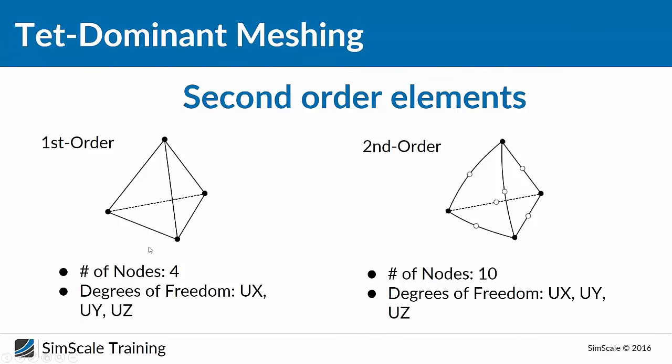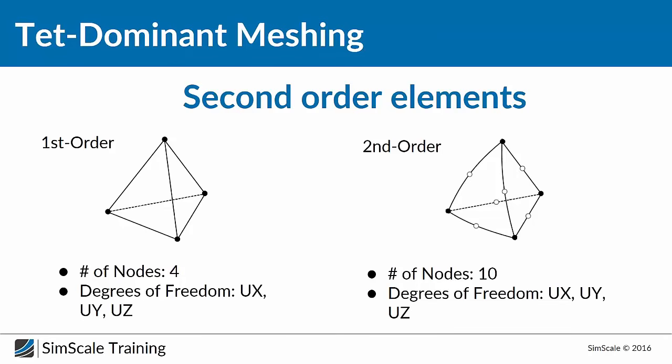Okay, another option you may have seen is second order elements, and this is related to what we talked about at the beginning, when I said that we basically only have a solution for the nodes and have to interpolate in between them, or for the elements. On SimScale we have two kinds of elements, first order and second order elements.